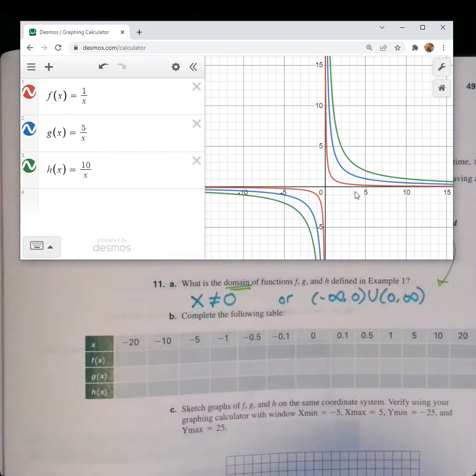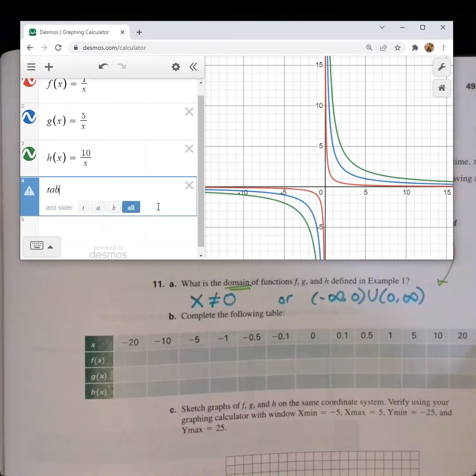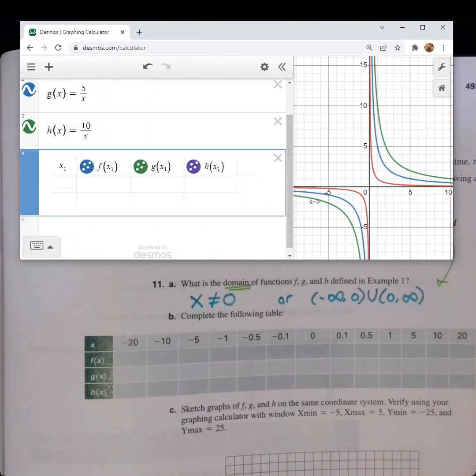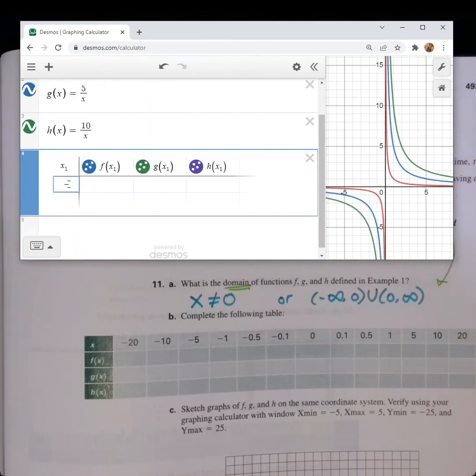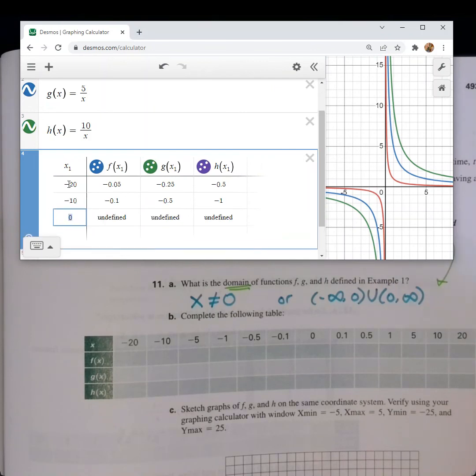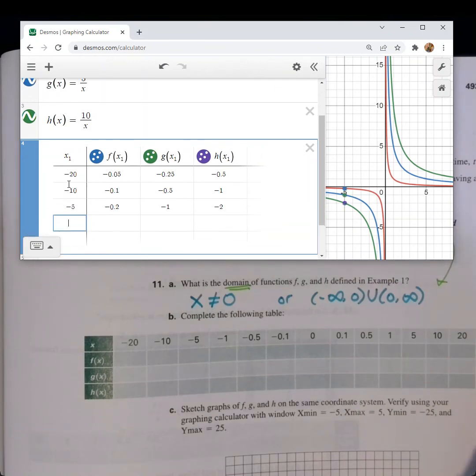Okay, got to complete a table. So I'm going to have some assistance here with my decimals in table form. We're going to do an f of x, another one for g of x, and h of x, and I don't need my graphs right now, so I can get this table to autofill with negative 20, negative 10, negative 5, and so on.